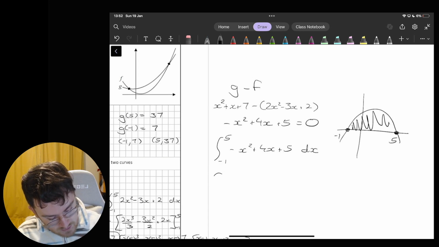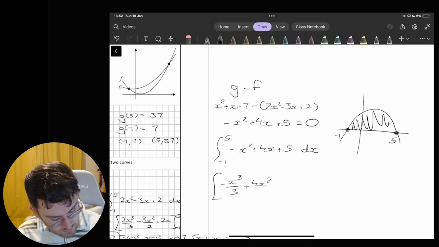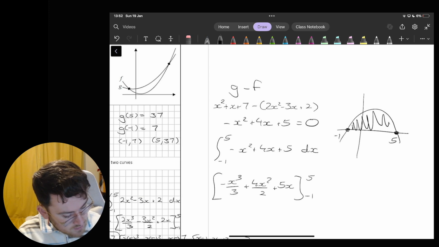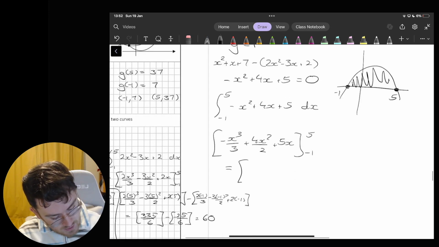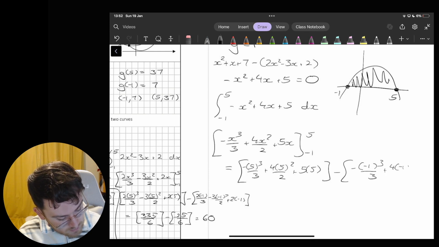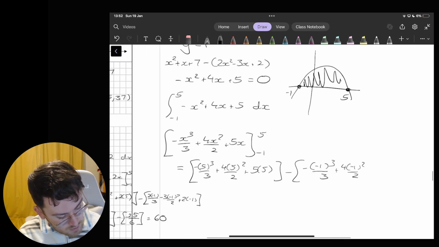So that's going to give me an answer of minus x cubed over 3 plus 4x squared over 2 plus 5x, evaluated at minus 1 and 5. And we're going to get minus 5 cubed over 3 plus 4 times 5 squared over 2 plus 5 times 5, minus, minus 1 cubed over 3 plus 4 times minus 1 squared over 2 plus 5 times minus 1.